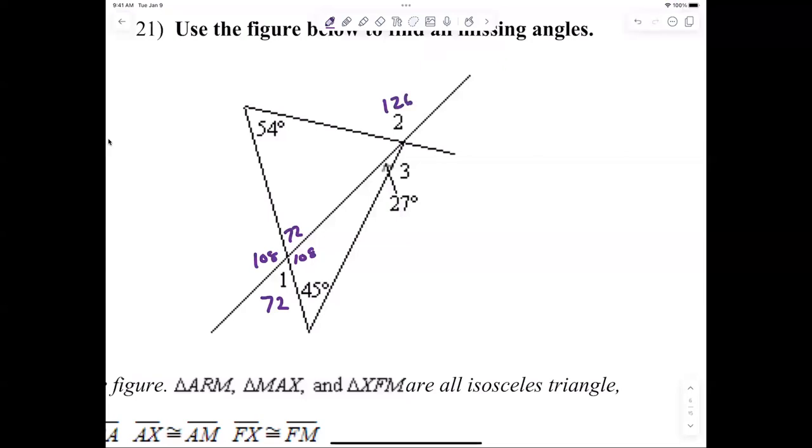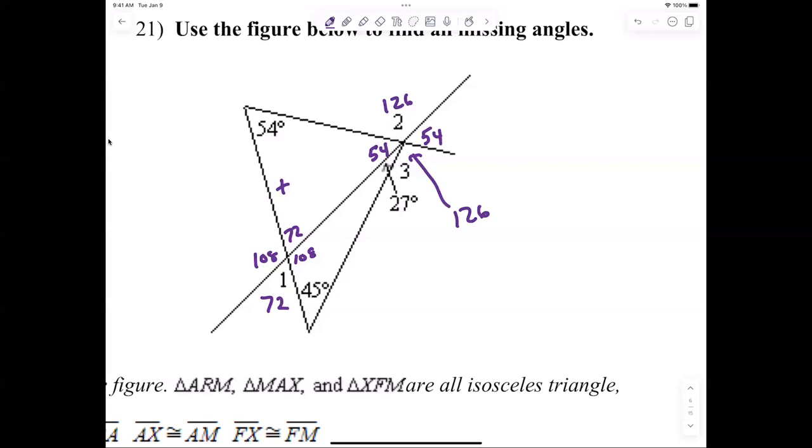That's just the sum of those two, right? And then this angle here is 54. Do we agree with that? And then this guy over here has to be 54. And then what's this angle right here? 126. Do we agree with that? Is that everything now? Yeah.